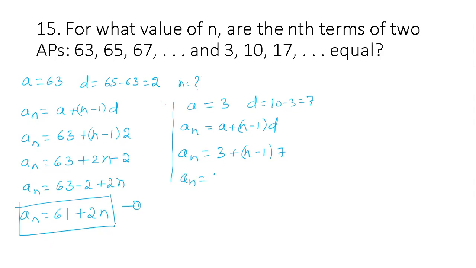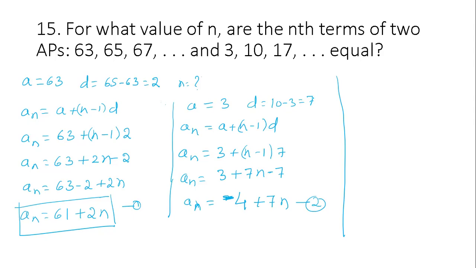AN is equal to 3 plus 7N minus 7. AN is equal to 3 minus 7, means minus 4, plus 7N. Call this equation number 2.